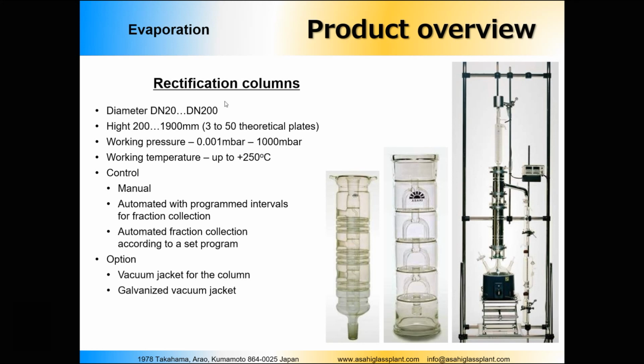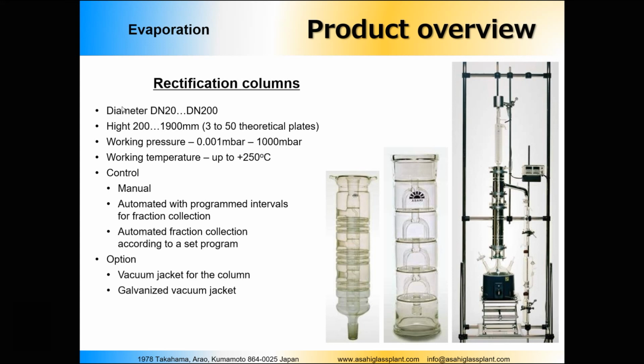So, general design. First let me remind you about the idea of the rectification column. When do we need them? We need them when we are trying to separate components with very close boiling points. The difference can be, let's say, 4 maybe 5 degrees. That can be isomers, for example.